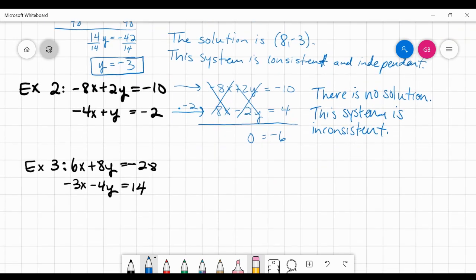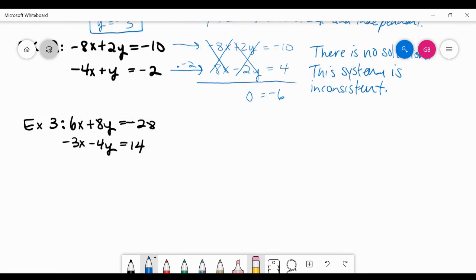Let's try one more. Example 3. We have 6x plus 8y is equal to negative 28, and negative 3x minus 4y is 14. Okay, so it looks like if I multiply the negative 3 by 2, I'll get a negative 6, and that would eliminate with the top one.